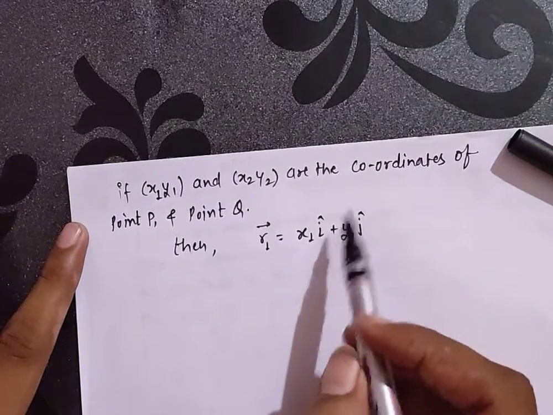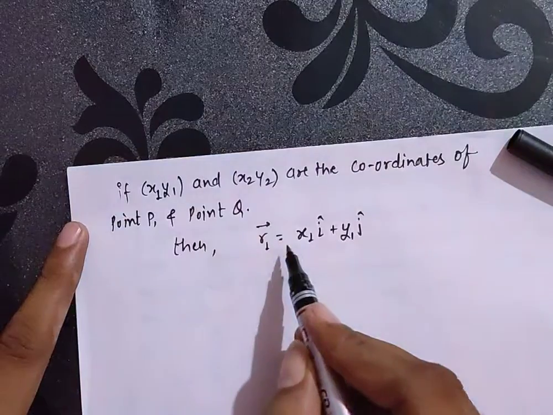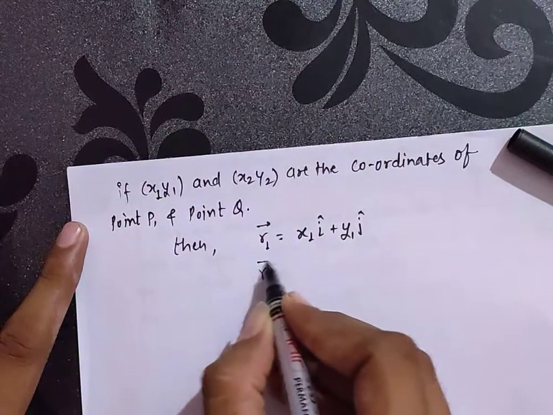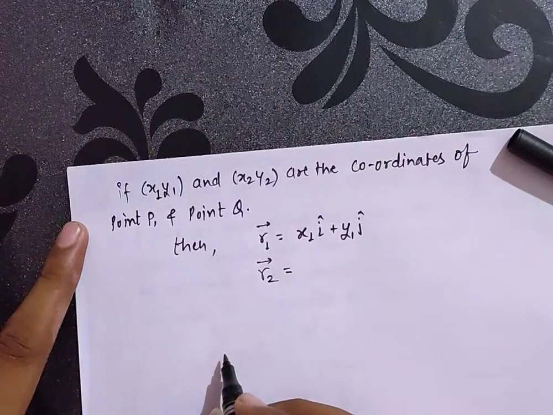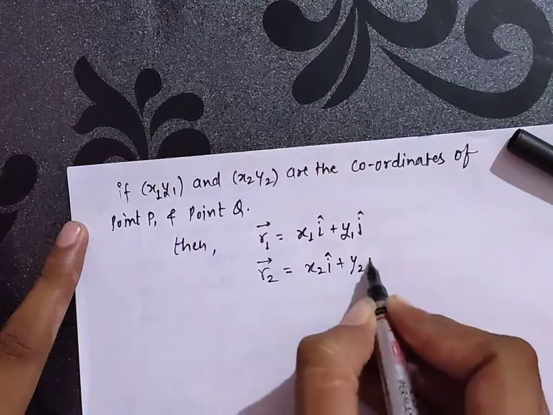And the position vector for point Q is written as r2 vector is equal to x2 i cap plus y2 j cap.